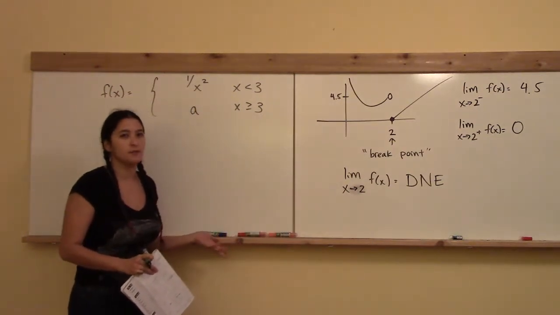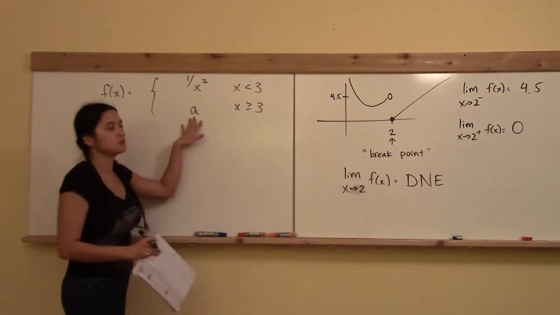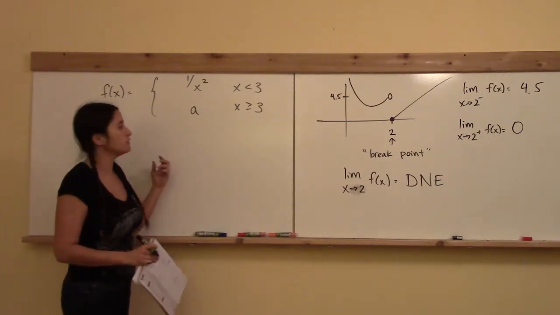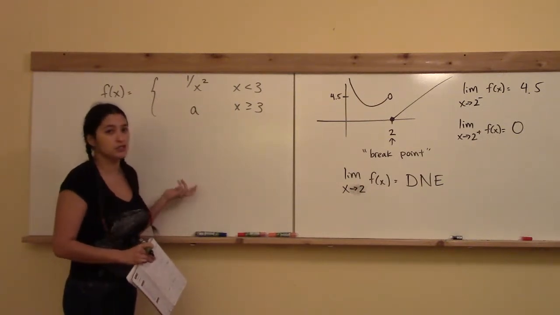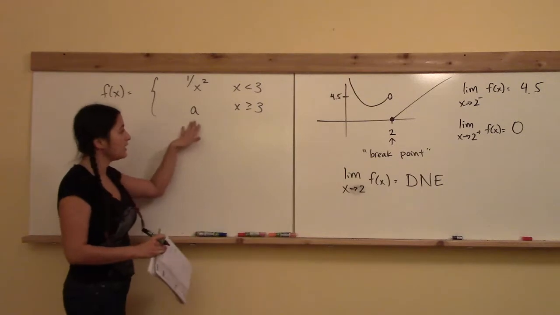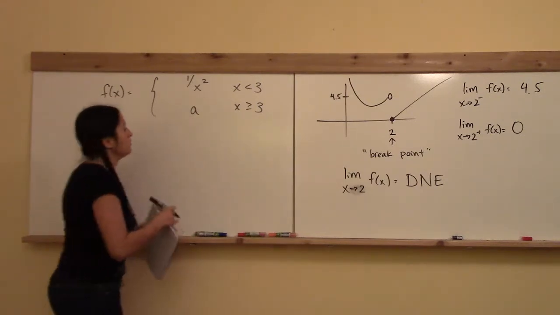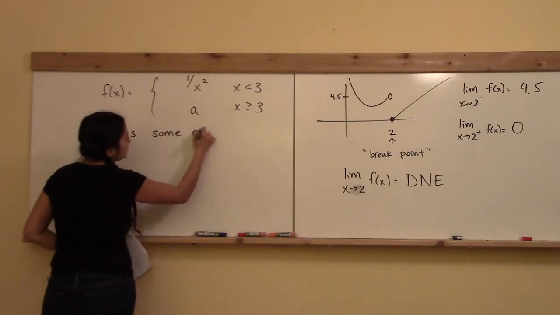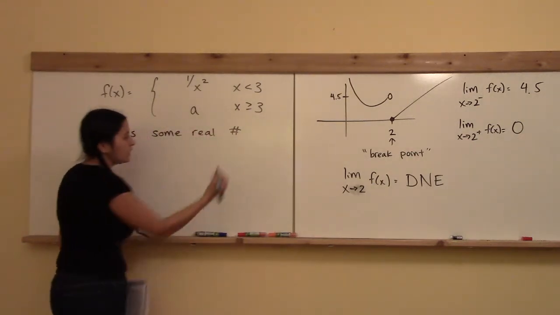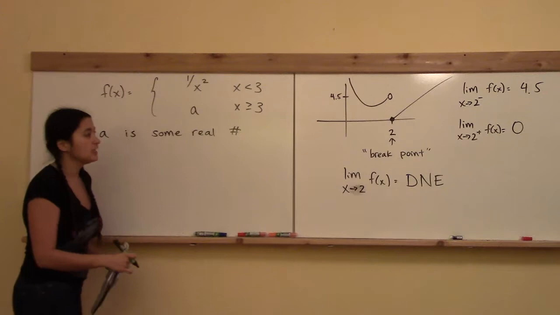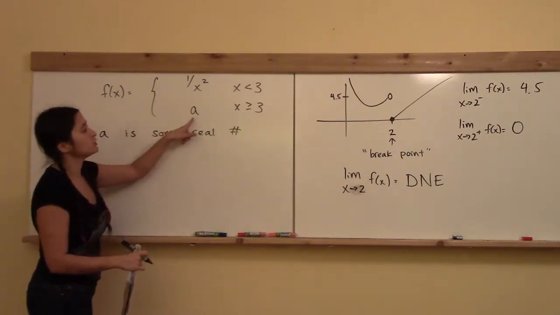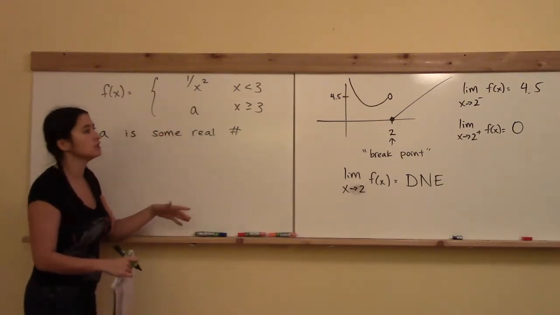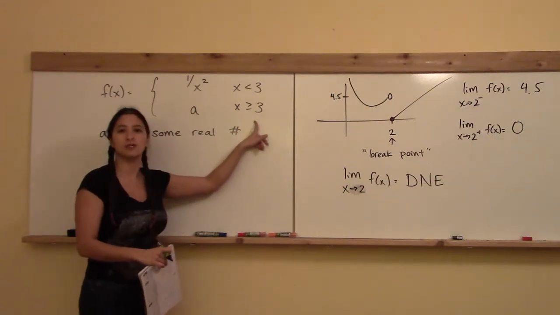Because it's common practice to have the letter a represent what we usually call a parameter, which is just any real number. So a is some real number here. And what a represents in this context is the real number which is the output of the function when I put in numbers that are 3 or greater.